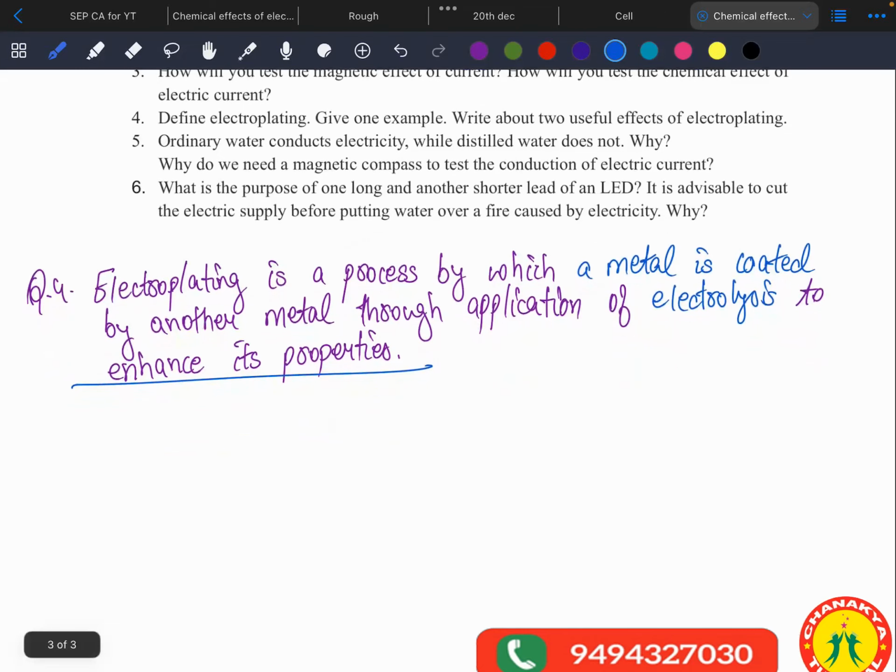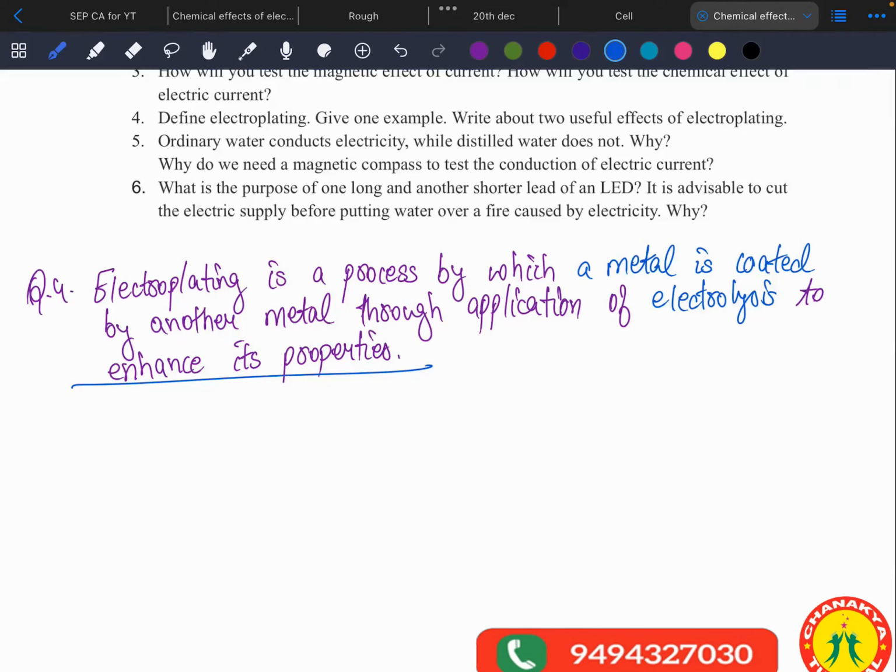Otherwise we do coating on other substances also, like I gave the example of a wall. In a wall, earlier, what did we apply? Plaster. We apply plaster on the wall and then we start coloring it. Why do we apply plaster?